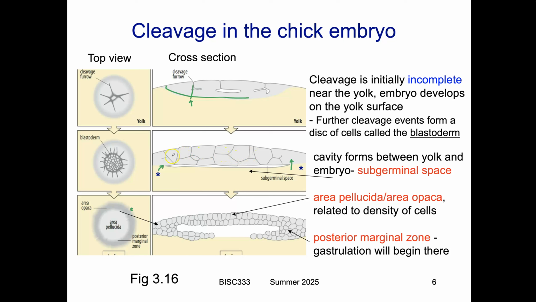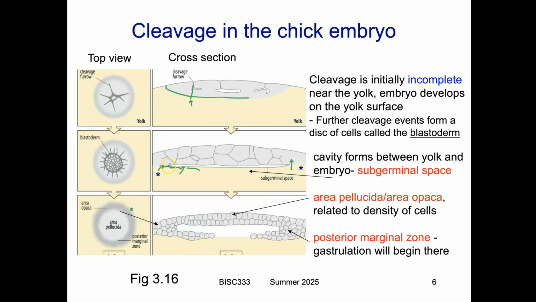So over time, there are a series of divisions, and they lead to a layer of cells up top, and then this little cavity forms. There might be cell membrane down here, and the divisions just haven't taken place here.